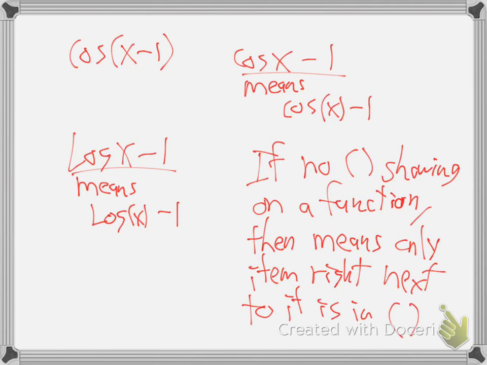That's long-winded. I don't know how to say that a little better than that. But only the immediate thing. That's probably what I should have said. If there's no parentheses showing, then only the immediate thing is plugged into the function.